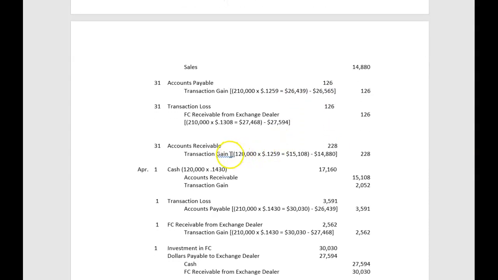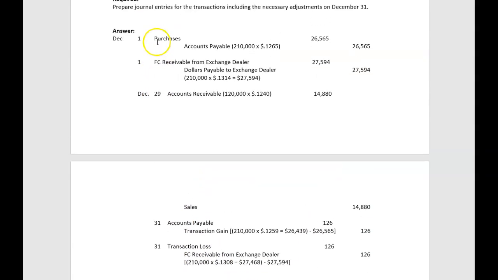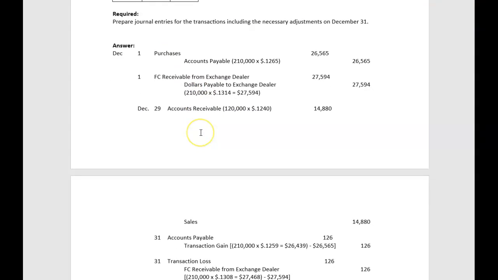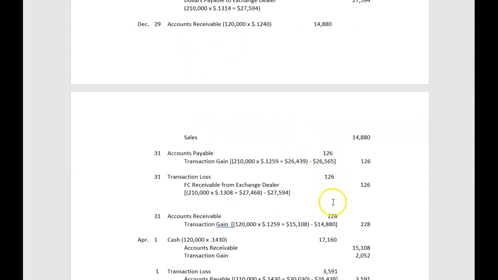Then the account receivable, we went from the 1240 to the 1259, and so that gives us a gain here of 228.